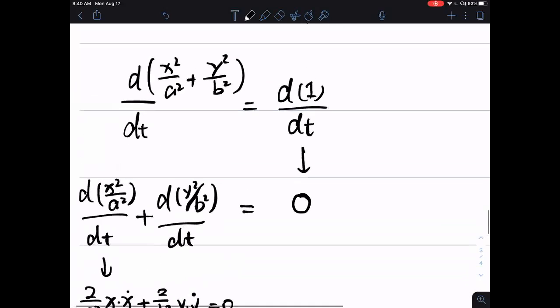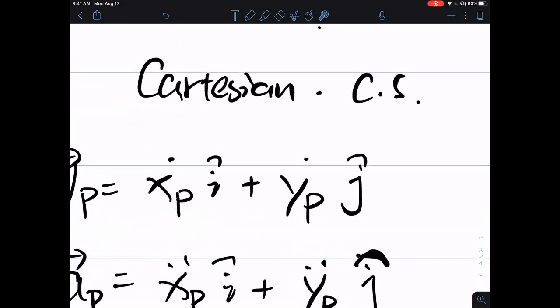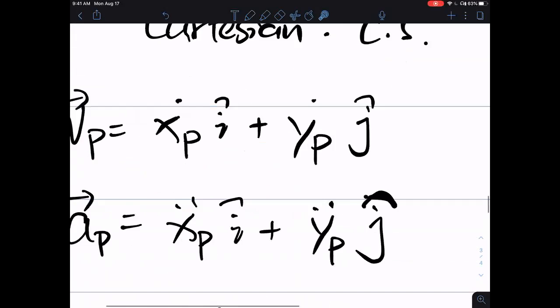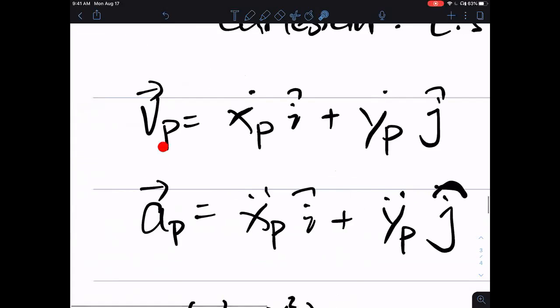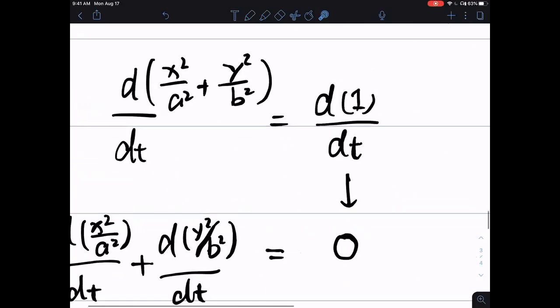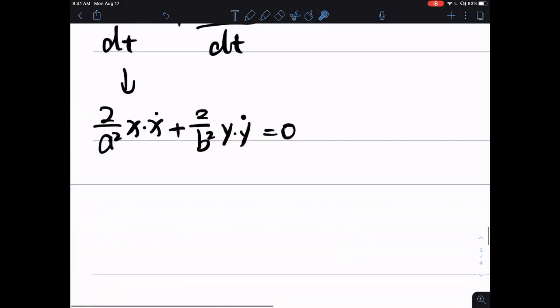Just want to remind you, the goal is to find out what is x dot, y dot, so that we can plug that into this equation to get what is velocity. Now, at this point, we have this expression with x dot and y dot. So that's why we are pretty close.